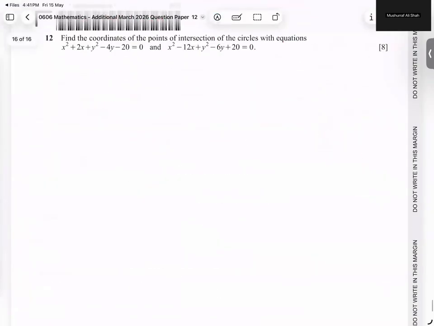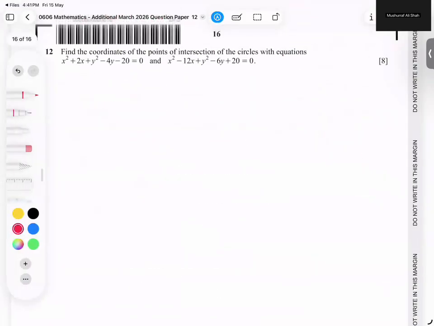Question number 12, find the coordinates of the point of intersection of the circles. So these two equations we have to solve simultaneously. So what is the way, students? We have to simplify, because it's the point of intersection of circles. So we have to eliminate x or y, that is our planning.